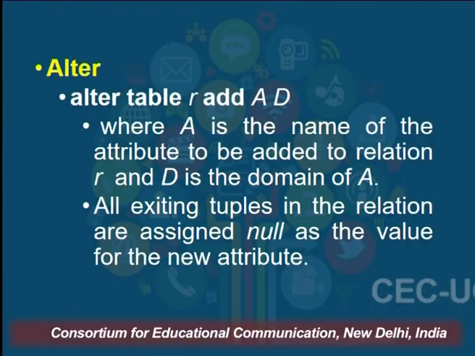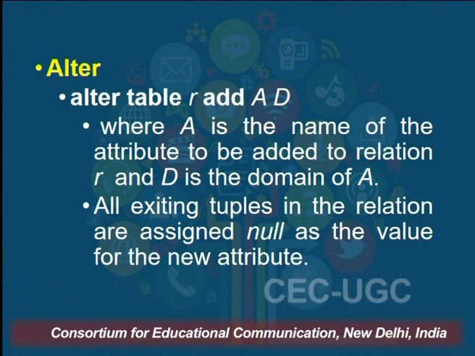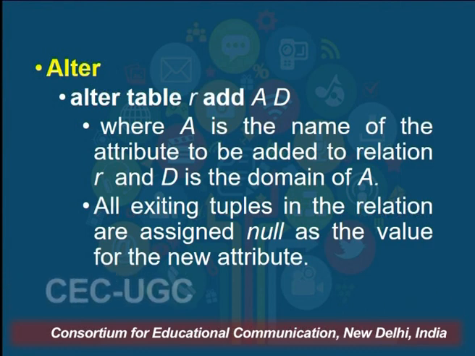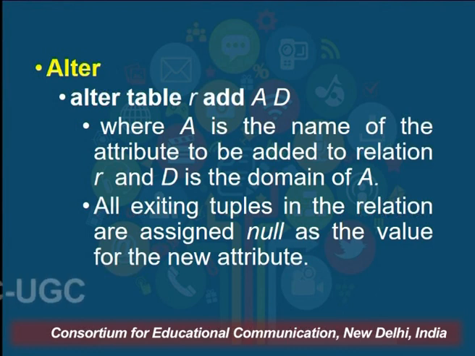For example, we need to change the table R, and we want to add one more attribute to this relation R. The command here will be alter table R add A D, where A is the name of the attribute to be added to the relation, and D is the domain of A. All the existing tuples, for example, let us say 4 tuples already inserted within this relation R, will have null values for this particular attribute A. So all the existing tuples in the relation are assigned null as the value for the new attribute.